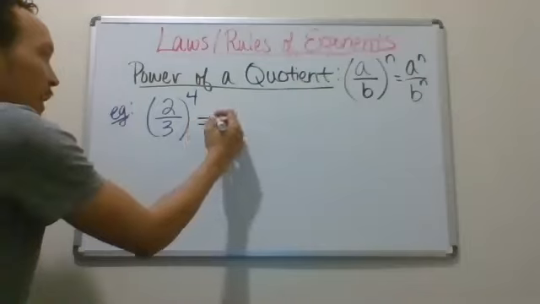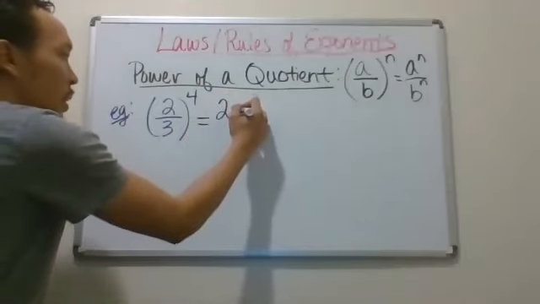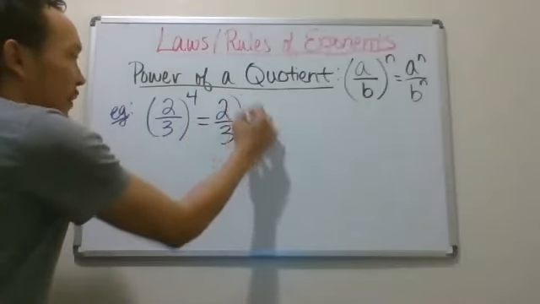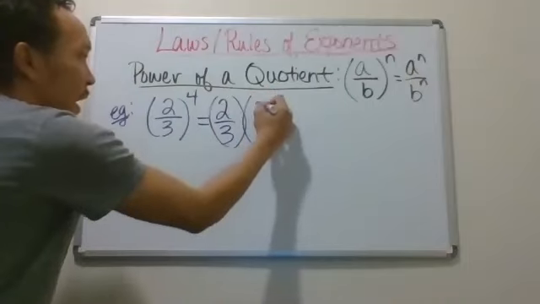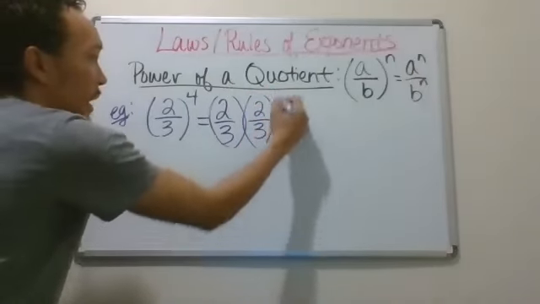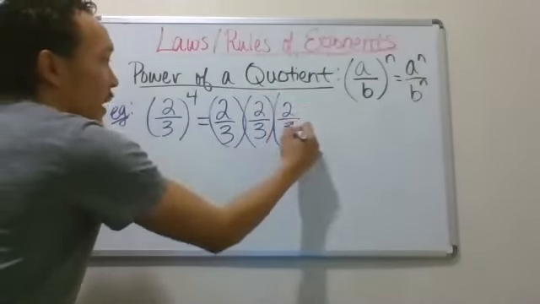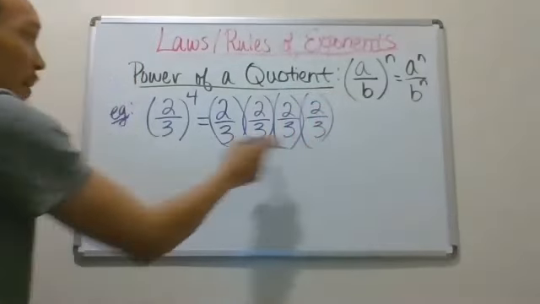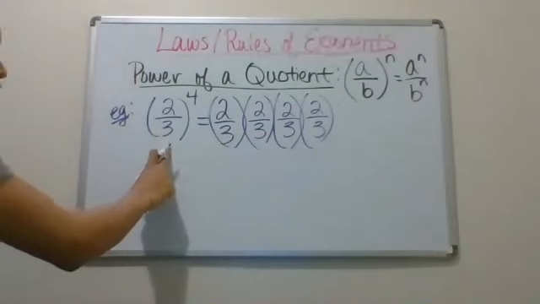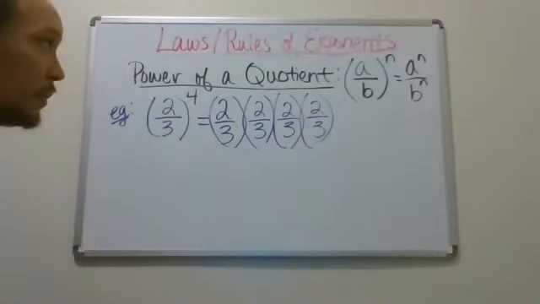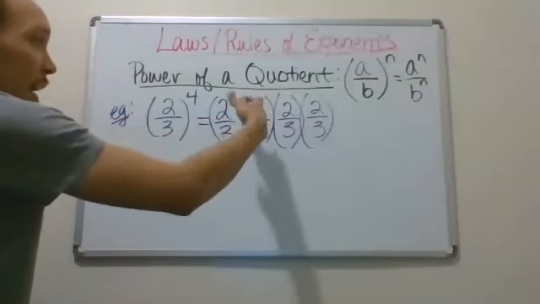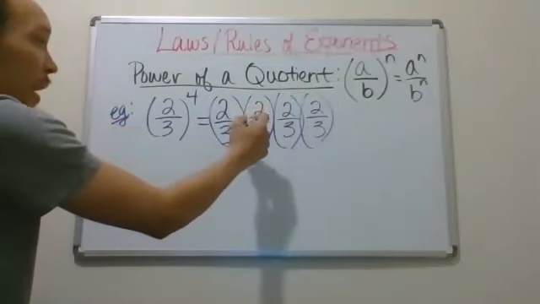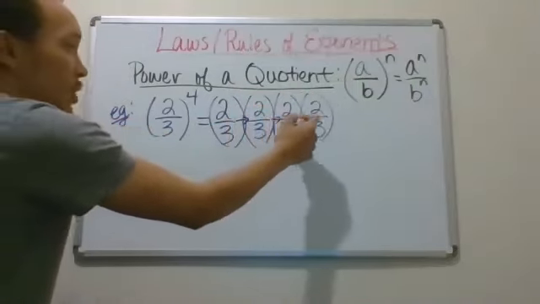This is going to be equal to 2 divided by 3 times 2 divided by 3 times 2 divided by 3 times 2 divided by 3, 4 times, because we're raising 2/3 to the 4th power. Since we're multiplying fractions, we multiply straight across.